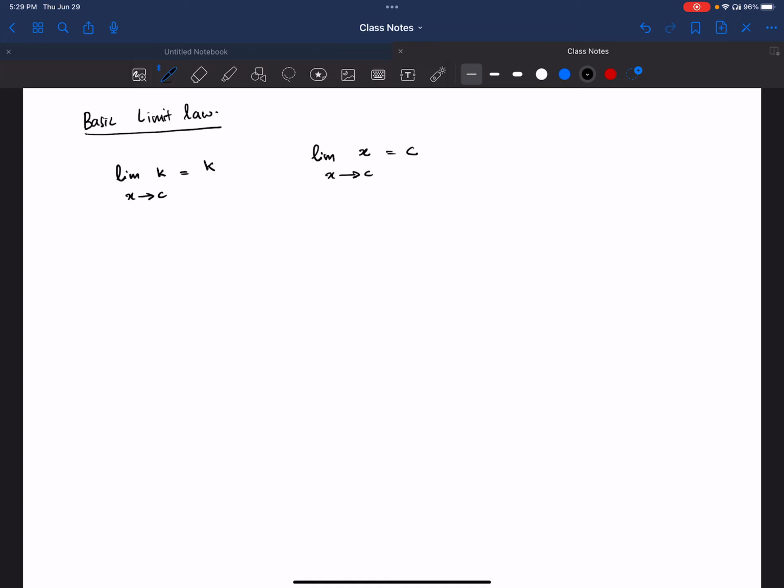The first one is called the sum law, or summation law.